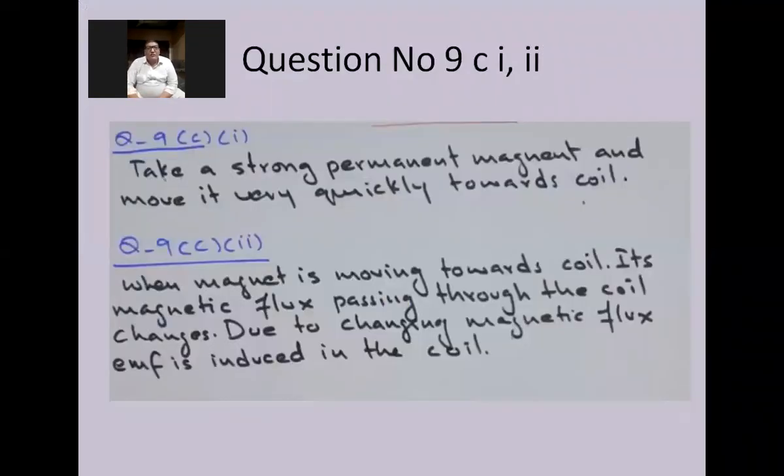Take a strong permanent magnet and move it very quickly towards the coil. This is how a large deflection on the ammeter will be shown. Move it quickly towards the coil, or move it quickly away from the coil. Once you have brought it near the coil, then you can take it away.